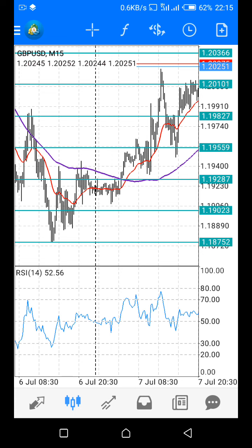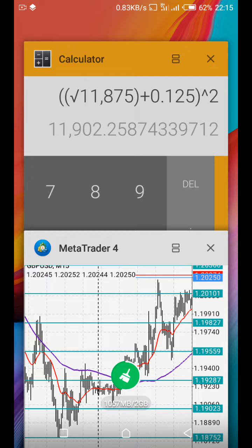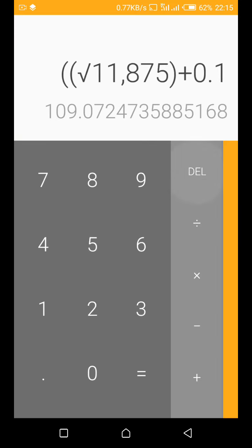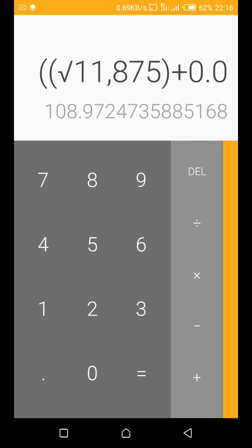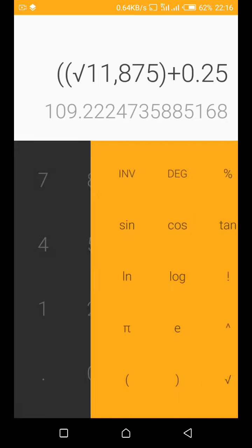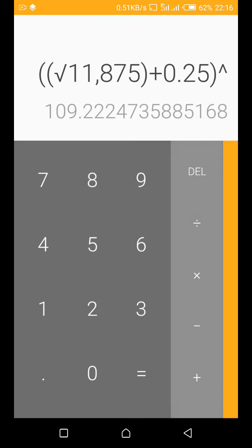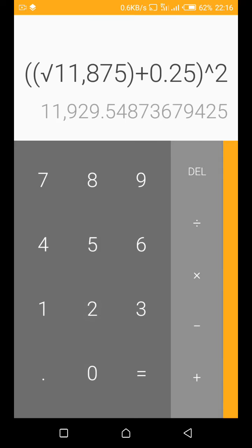They are of equal spacing, and R2 is gotten by adding another 0.125 to the first 0.125, which gives 0.25, to the power 2. Now this is the figure of the second level.